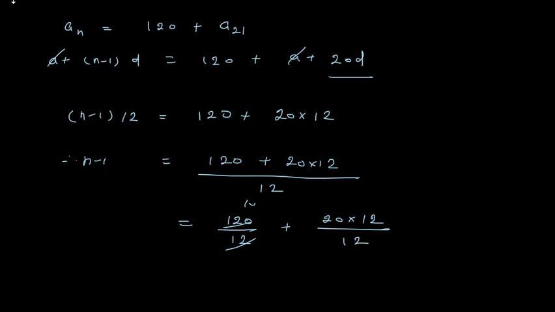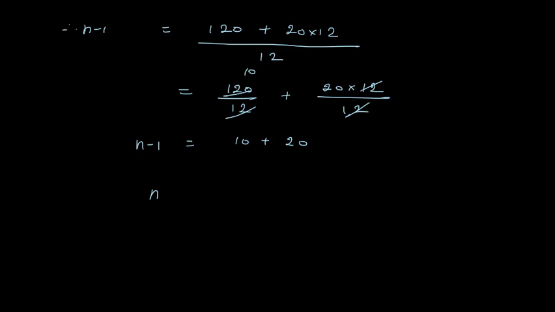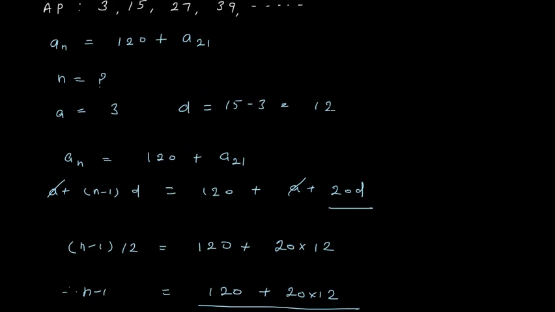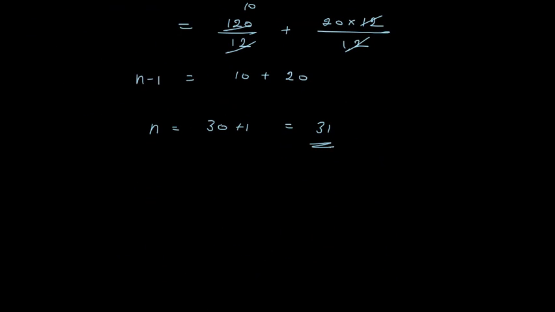We cancel, we will get 10 here, and here we cancel, it is 20. So this is 10 plus 20. This is the value of n minus 1. 10 plus 20 is 30. So therefore n is equal to 30 plus 1, which is 31. So the value of n we get is 31. So the term which is 120 more than the 21st term is the 31st term.